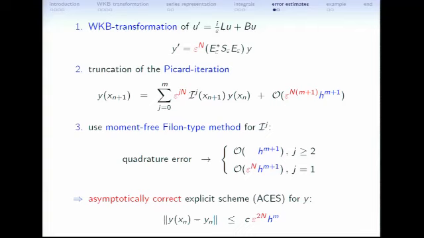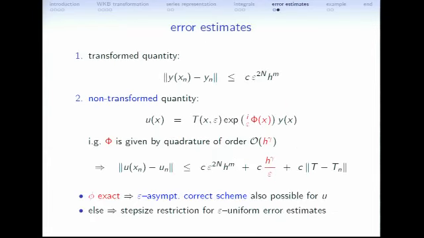Maybe some remark: you can of course use other representations, for example the Magnus representation of the series, and of course your favorite method for approximating these integrals. So let's discuss a little bit the error. This you've seen before, but we started of course with another equation, so we have to transform back.